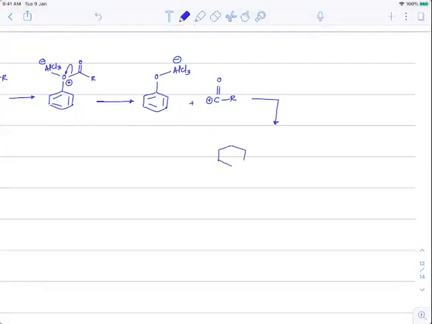So that's why we would have this as oxygen क्या कर लेगा अपना electron फिर वापस ले लेगा.